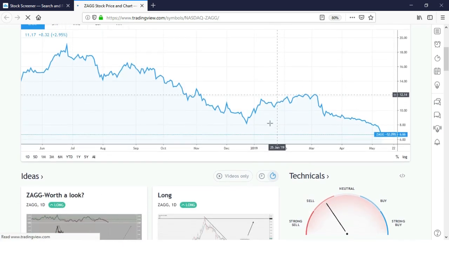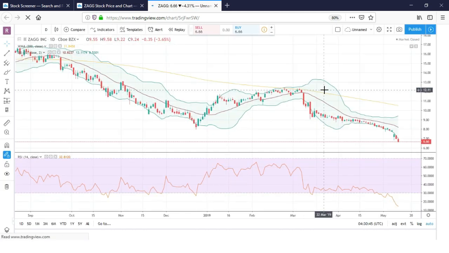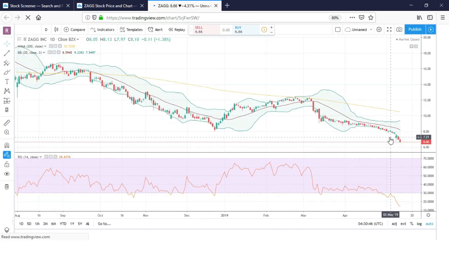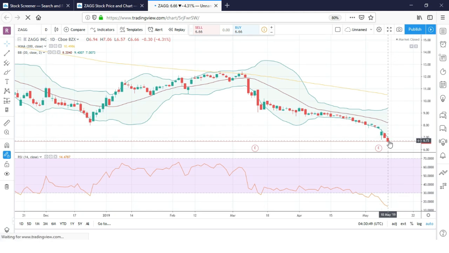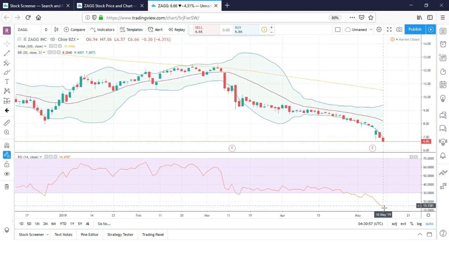We see a sharp downfall there, and if we click on the full future chart, we can easily identify through candlestick patterns also that the price is absolutely down. As we see, the moving average and the Bollinger Band both are in a downward direction, and the RSI is almost 14, that means it is in an oversold zone.